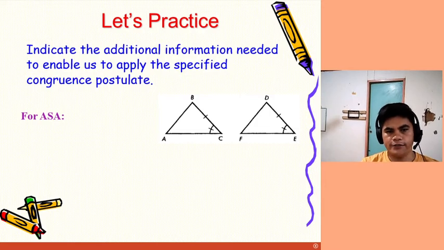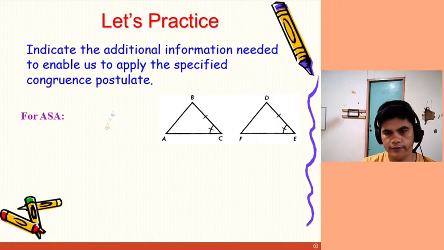Now let's practice. Indicate the additional information needed to enable us to apply the specified congruence postulate. So here, for ASA, or angle-side-angle, we have angle, side.